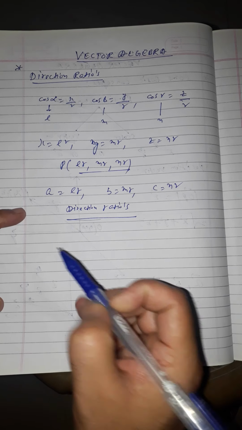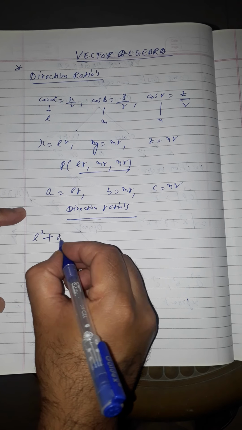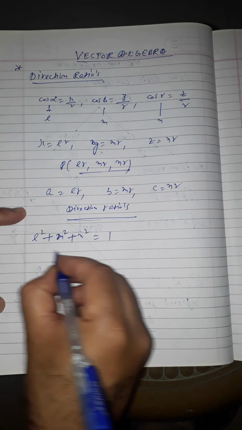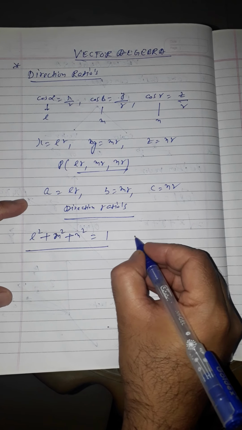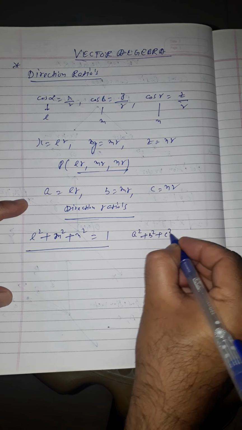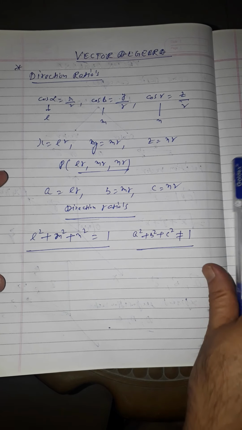And a very important notable point: always remember that L square plus M square plus N square is always equal to 1, and A square plus B square plus C square is never equal to 1. This is very important to keep in your mind.